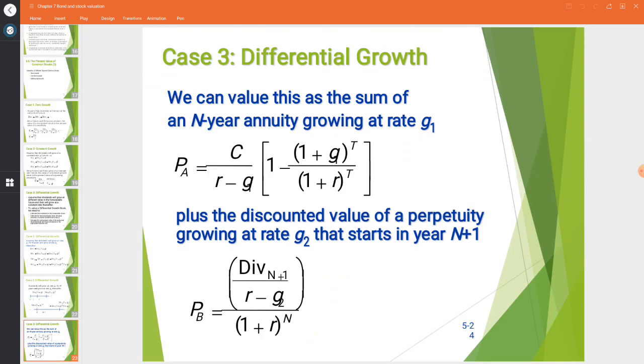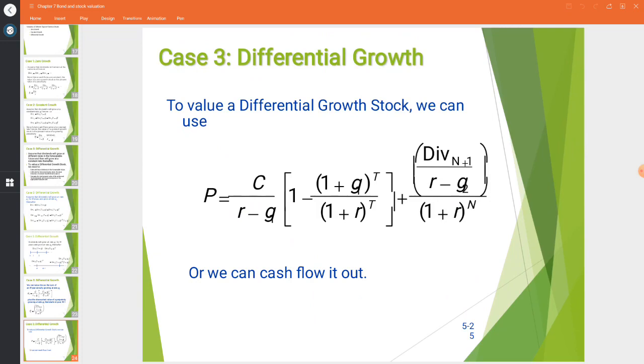In this case, the B at the period 2 is equal to a dividend N plus 1 discounted by R minus G2 divided by 1 plus R power to N. So by taking a sum of the two cases, BV at A and BV at period B, if you have a differential growth rate of two growth rates, for example G1 and G2, you could determine the BV as follows.